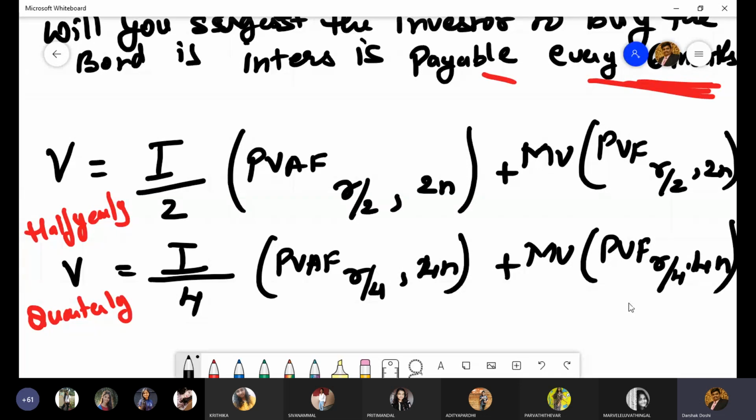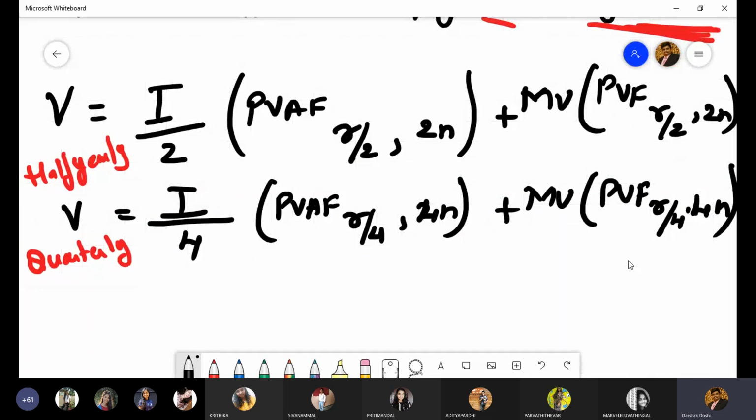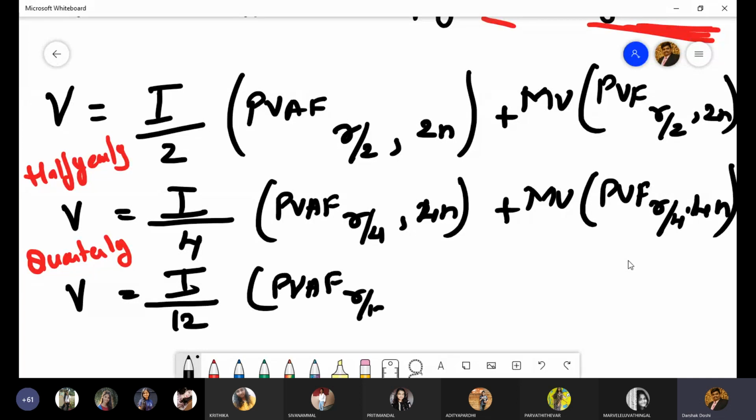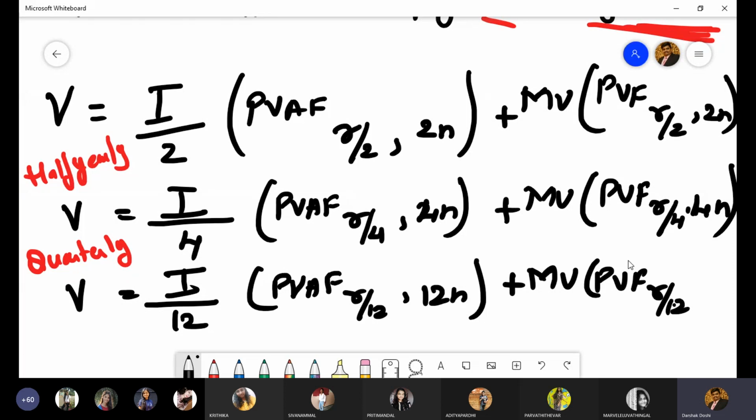And if it would be monthly, then the formula would be V is equal to I divided by 12, PVAF R divided by 12 and 12n, 12 times the period, plus maturity value, present value factor PVF R divided by 12 and 12n. This is for monthly.